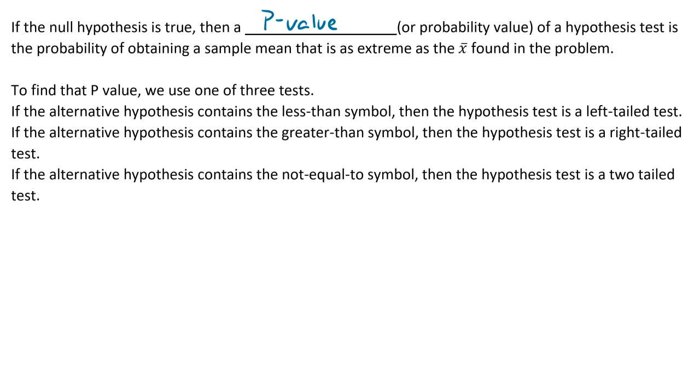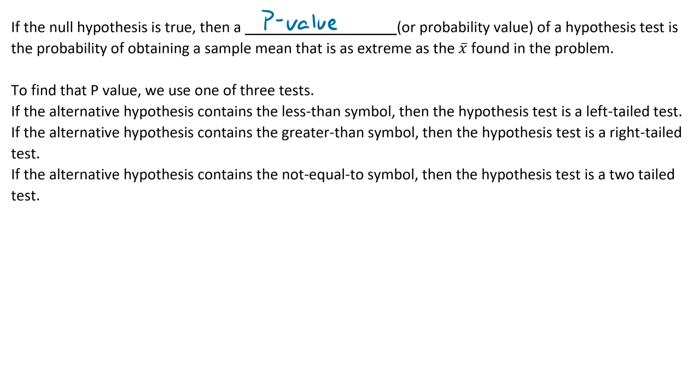All right, so what that means is we found our sample mean. It's a certain distance away from the mean that they're claiming. And so this is the probability that we could have found a sample mean that we did.